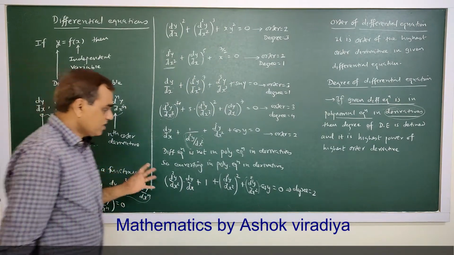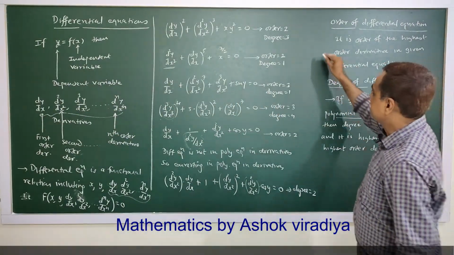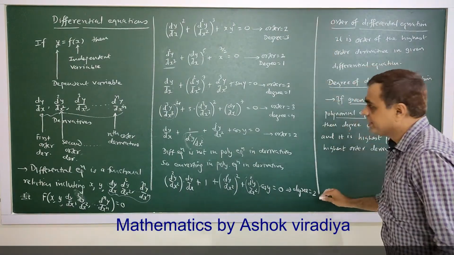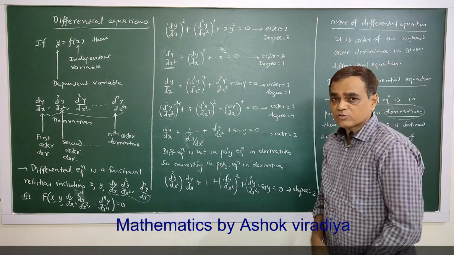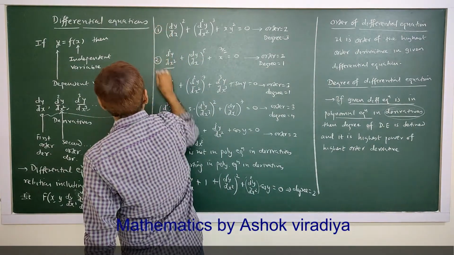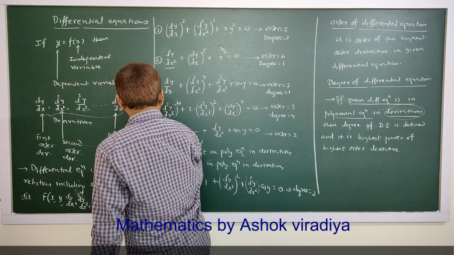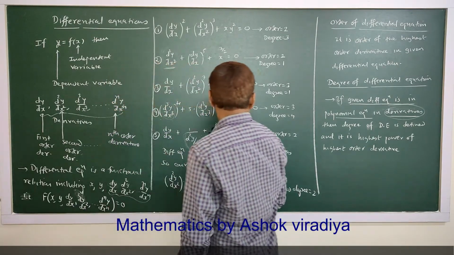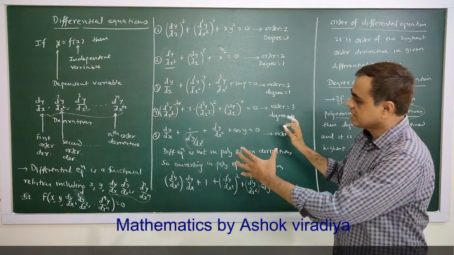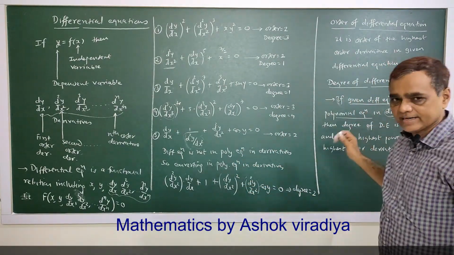So this is the procedure to find order and degree. Now we take 2-3 more questions. I am numbering these equations 1, 2, 3, 4, 5. So these are 5 examples to understand order and degree.